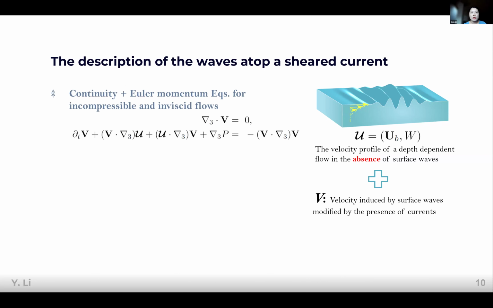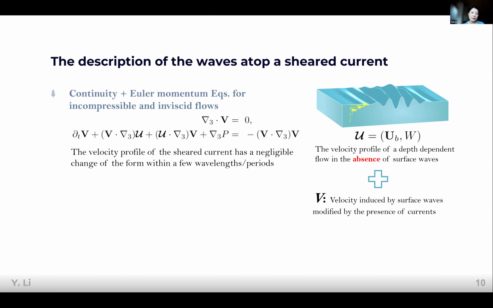So this means this system can be described by the continuity and Euler momentum equations for incompressible and inviscid flows. When you're looking at these two equations, it actually means that we already neglected the terms which describe the background current only, because we made the assumption that the velocity profile of the sheared current has a negligible change of form in the horizontal plane within a few wavelengths or periods.